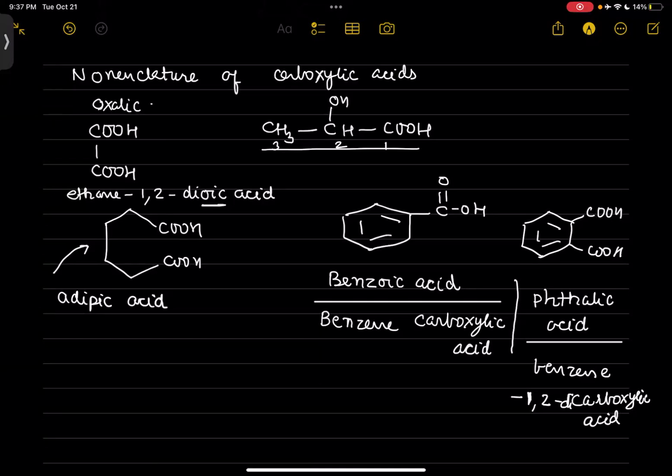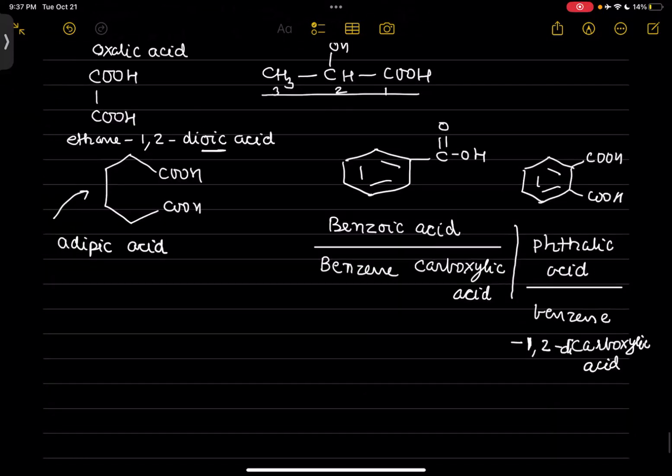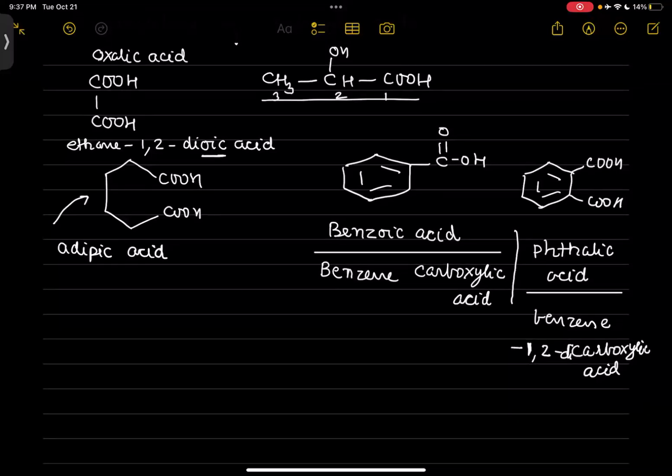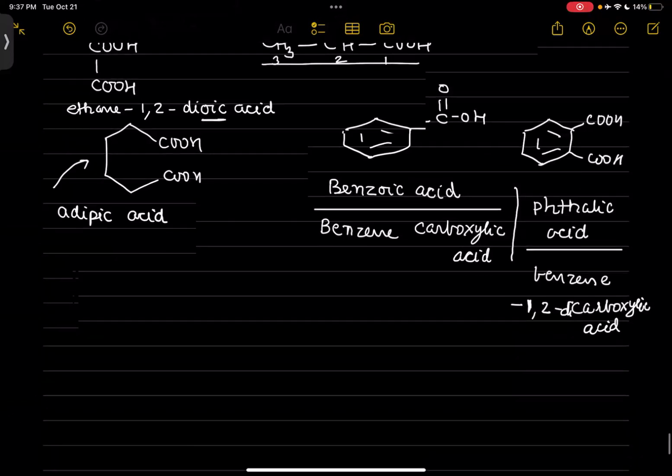We have seen oxalic acid in coordination compounds also. This is the common name, and the IUPAC name is ethane 1,2-dicarboxylic acid. Is it clear? Am I audible to all of you? Yes, sir. Okay, good. Let's discuss some more names.